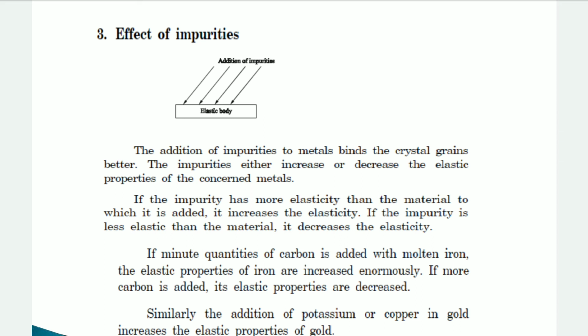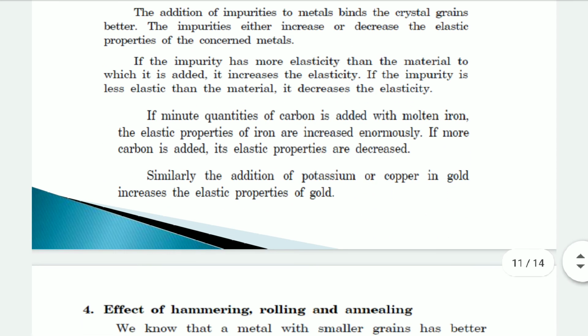When the impurity has less elastic property compared to the metal, then the elastic property of the metal decreases. For example, if a small amount of carbon is added to iron, the elastic property of the iron increases. At the same time, when a large amount of carbon is added to iron, the elastic property of iron decreases.